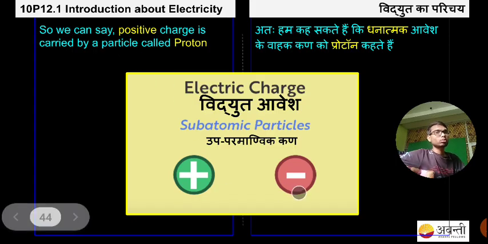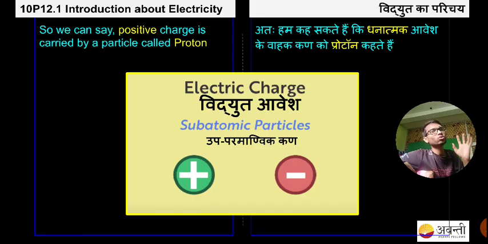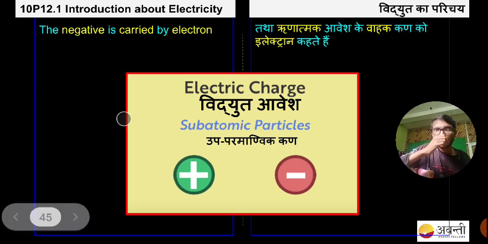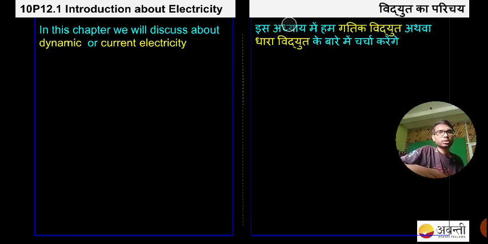We have three types of particles. One type only contains positive charges, the second type only contains negative charges, and the third, neutrons, nothing. Remember, neutron is present in the nucleus, and its work is nothing. Just it is present in the nucleus. The negative charge is carried by electron. We are crystal clear about it.